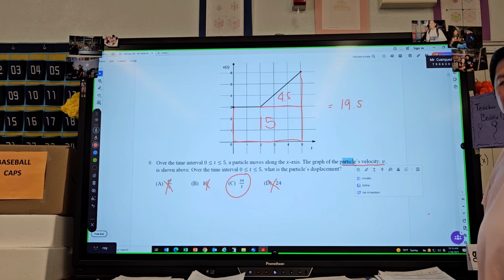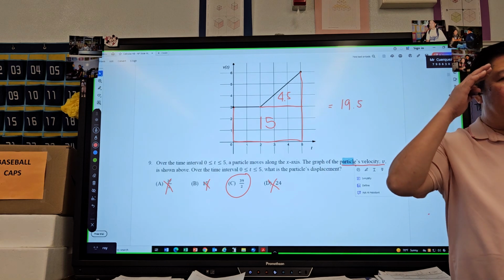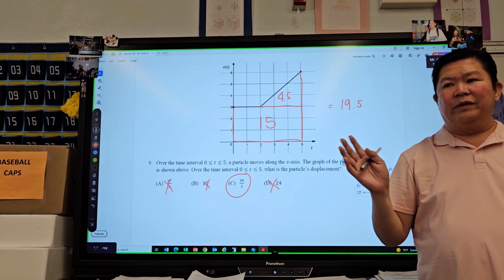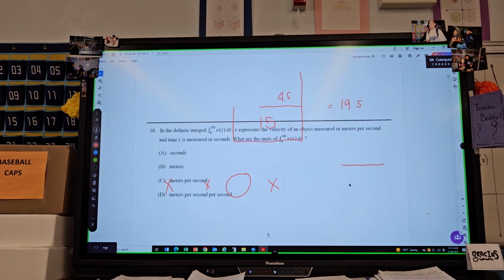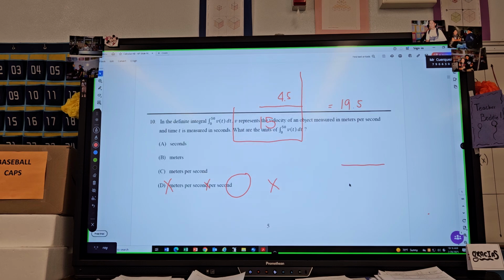And moving on to number 10. Number 10 is for us to analyze. We don't have to solve, but we're gonna analyze the unit. Diego Rodriguez, can you read the problem, please?